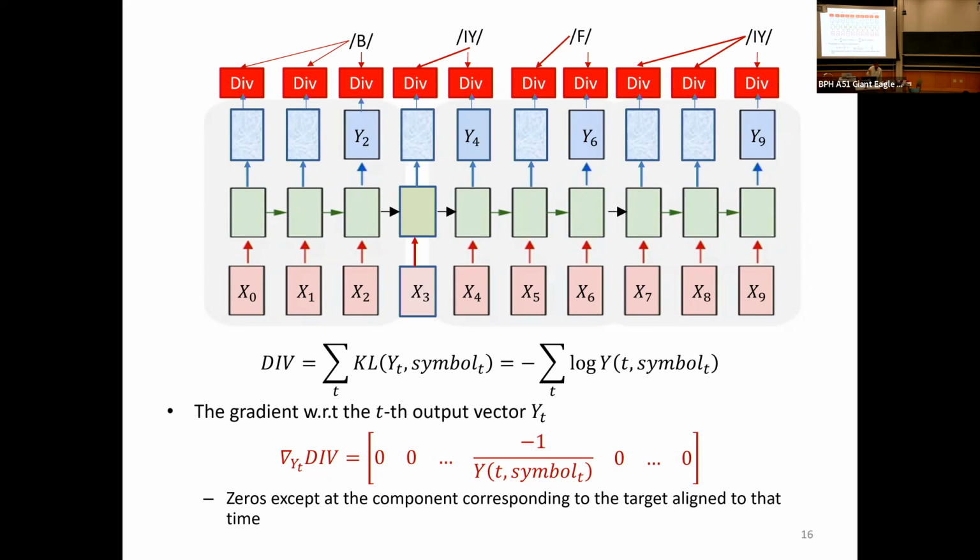The other symbols are not considered. So the derivative of the divergence with respect to the output at any time would be a vector where most of the components are 0, and there's a single component corresponding to the target symbol. The value of that component is going to be -1 over the probability assigned to that symbol by the network, right?